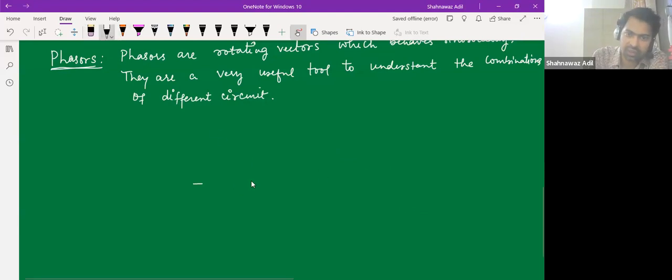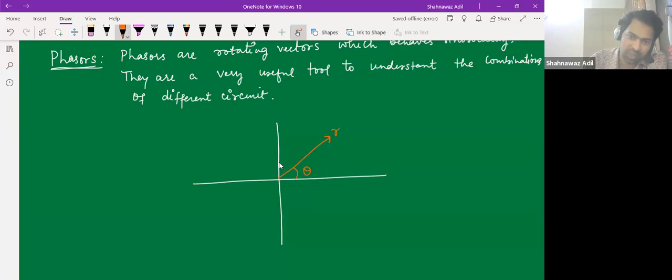Let's say you have this x, y, z, and you have this vector which can be rotated. Now let's say this is making an angle theta and its magnitude is r. What you can do is rotate this vector and bring it here.